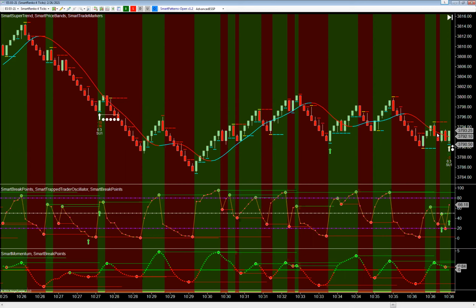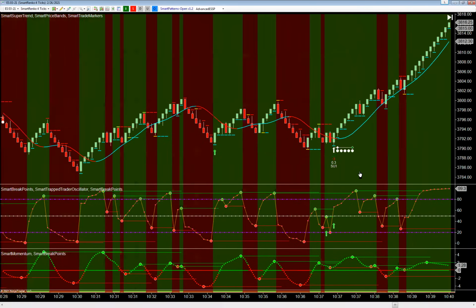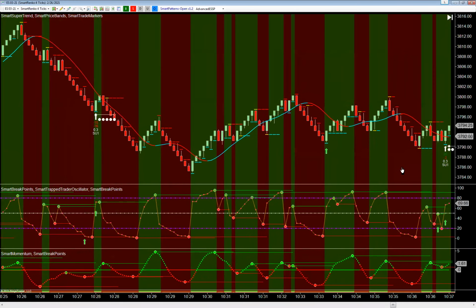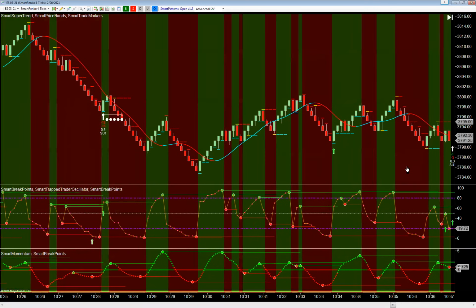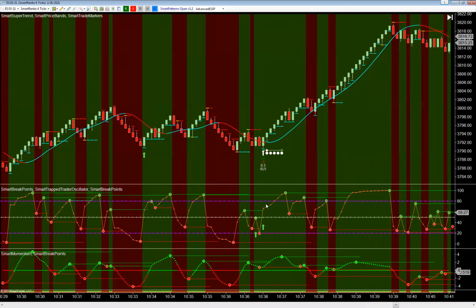If I looked at that, I would not see that behind it, to be honest, but there it is. But Trapped Trader Oscillator said, you know, order flow is very strong to the upside here. And if we can get some continuation, there we go.